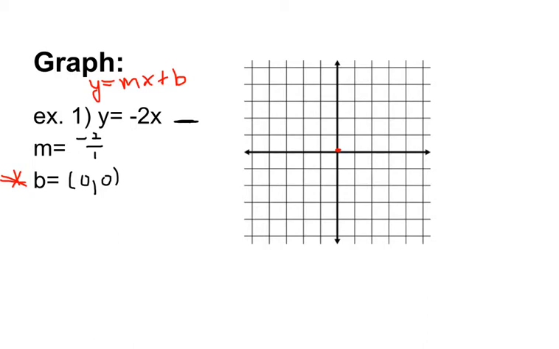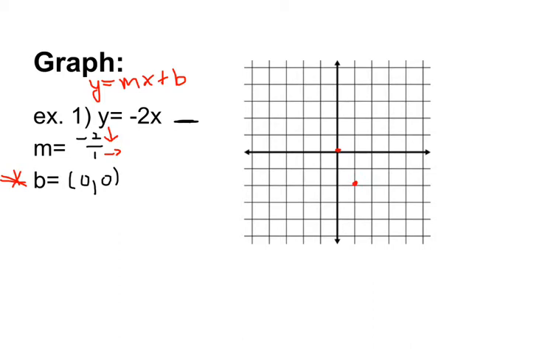Since it's negative, that means we're going down 2. And then our run number is positive 1, so we need to decide are we going left or right. Since it's a positive 1, that means we're moving to the right. So go back to your origin where you have your y-intercept. From that point, we're going to move down 2 and 1 to the right, and that's where you'll plot your next point.